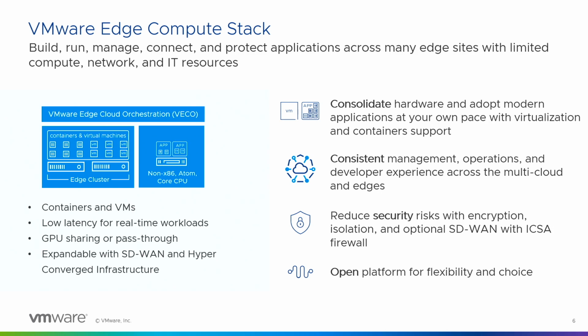Even though new applications like computer vision, AI and ML will be developed as containerized applications, and you may want to look into modernizing your applications, a lot of the workload is still virtual machines. So we need to be able to support and run both types of workloads.